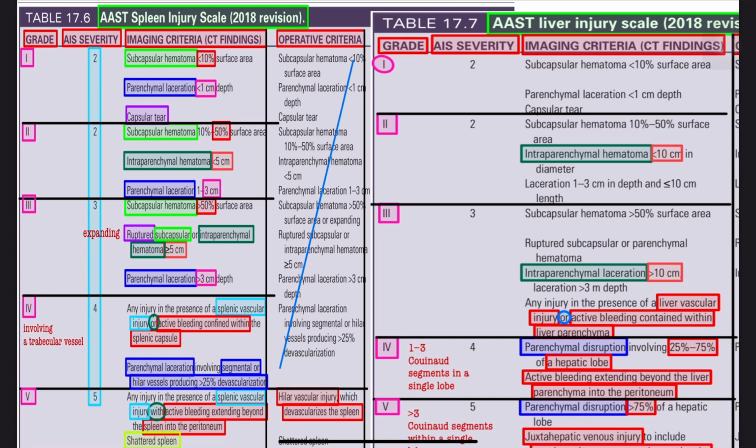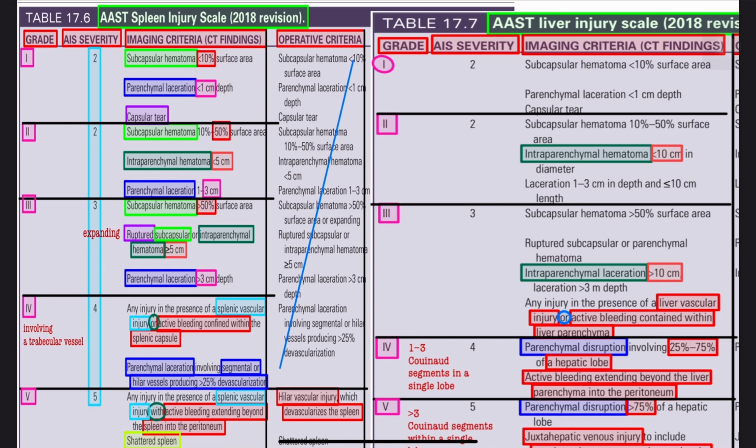This criteria is based on imaging criteria, CT, operative criteria, and pathological criteria, but pathological and operative criteria are almost the same as imaging criteria on CT finding. So grade 1: subcapsular hematoma less than 10%, parenchymal laceration less than 1 centimeter, and capsular tear, so 10 and 1.